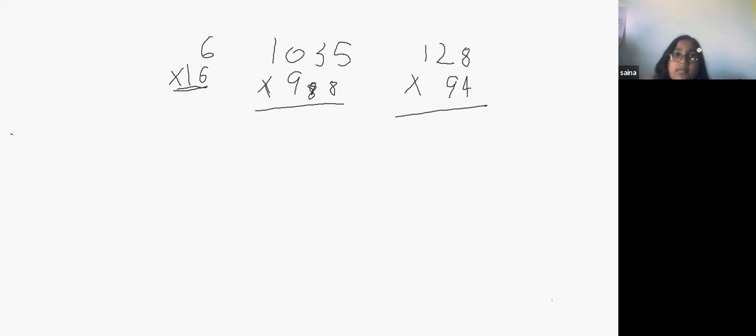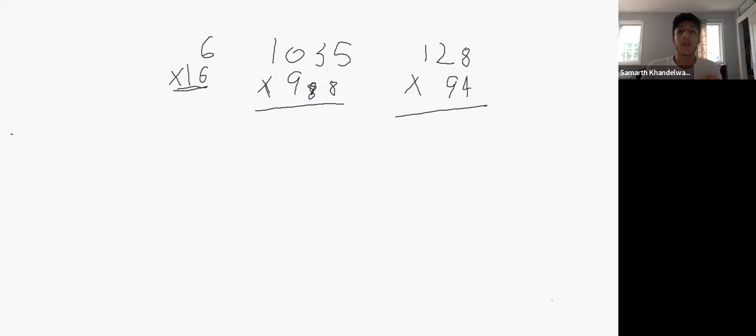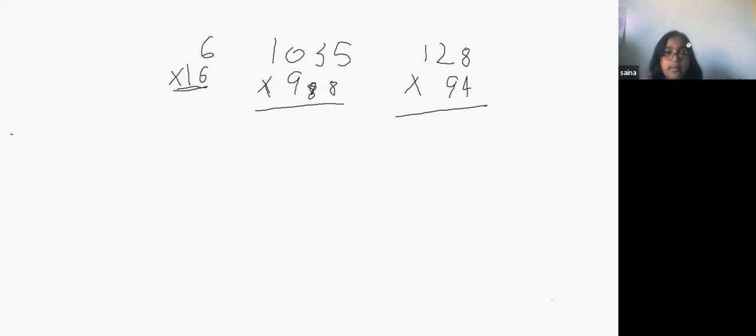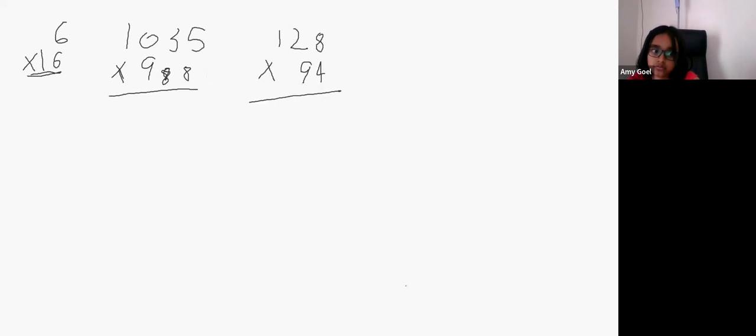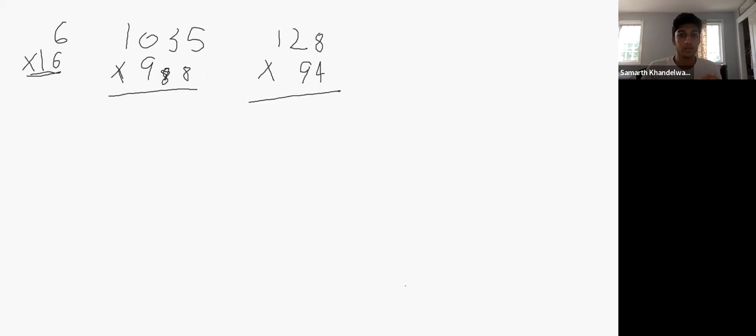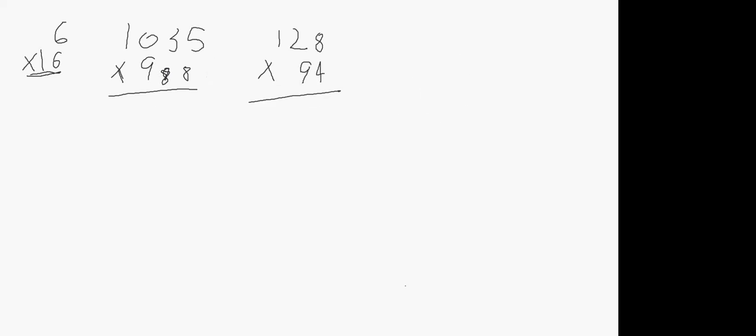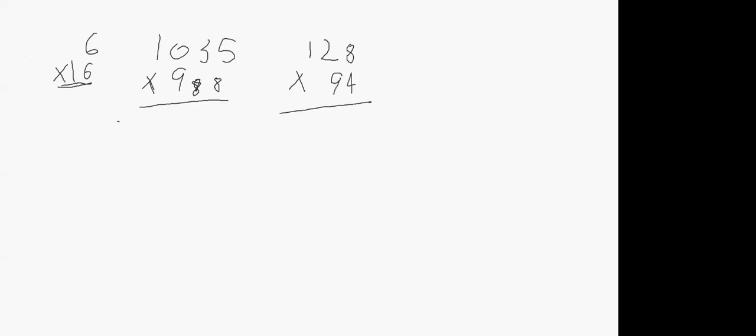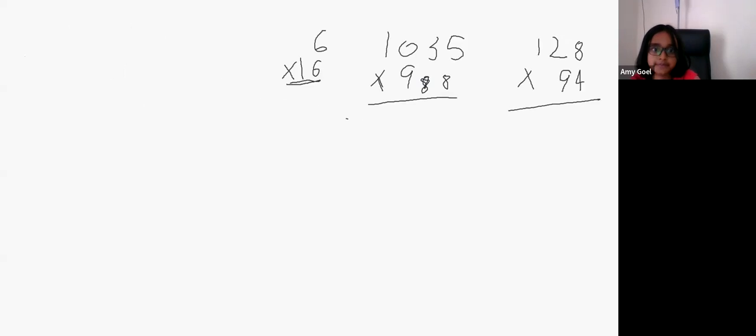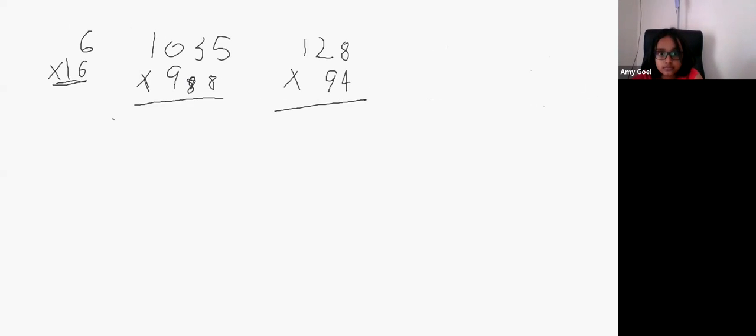What was the last problem? 128 times 94. I have them on the whiteboard. Can you guys not see the whiteboard? The last problem isn't on the whiteboard. Yeah, it is. It's just you have to scroll over them. Can you see them now? I will also send that in the WhatsApp group to check with your parents. Yes, now we can see. Okay, good.